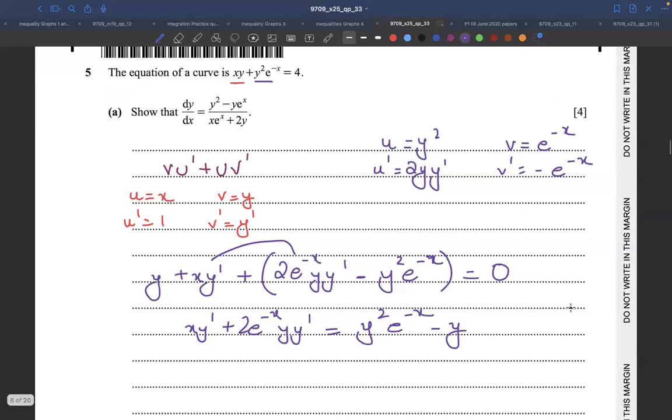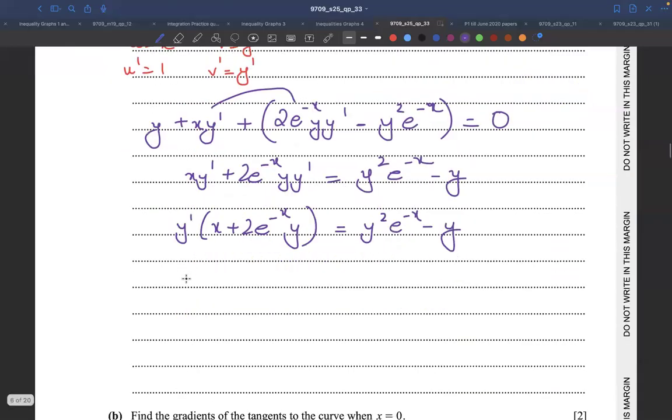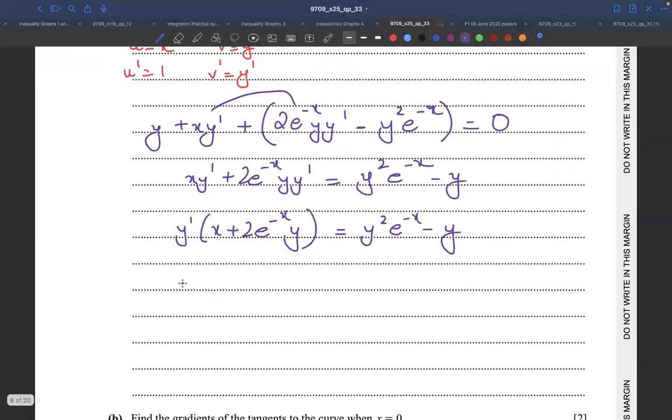And now taking y' common here, we'll get y' times (x plus 2e to the power minus x y) is equal to y squared e to the power minus x minus y. Now taking this on the right hand side, we get y' equals (y squared e to the power minus x minus y) divided by (x plus 2e to the power minus x y).